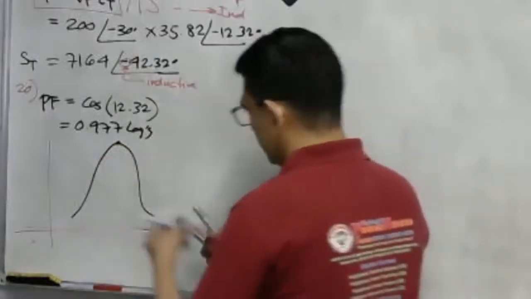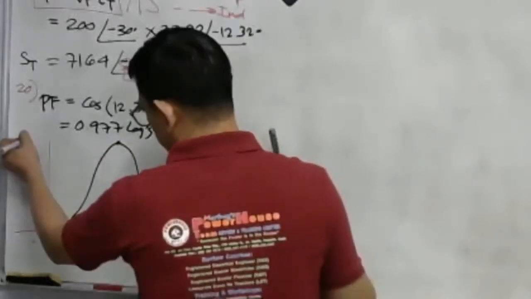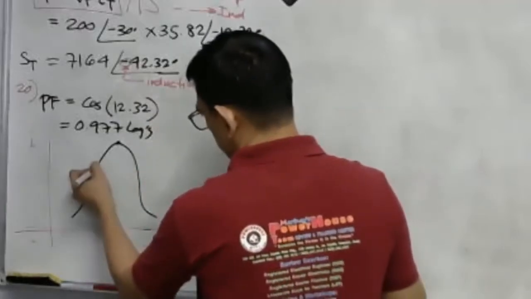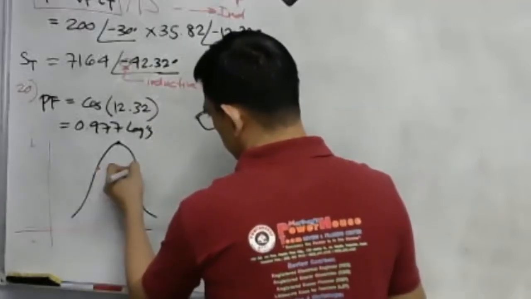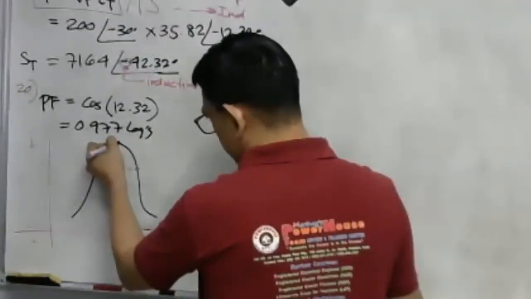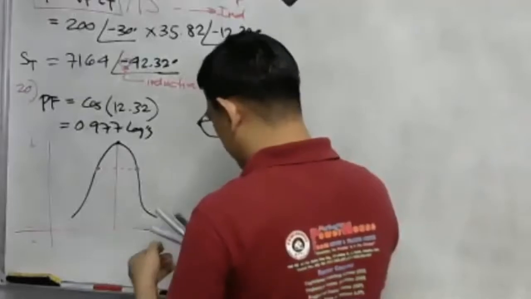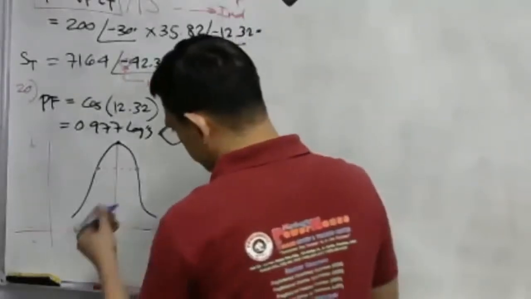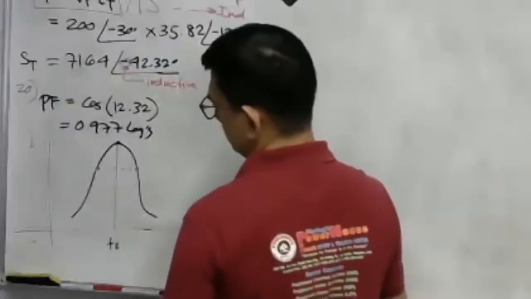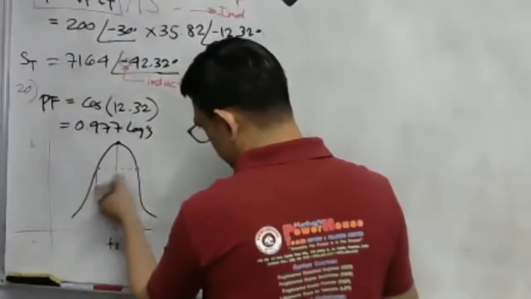This is the frequency, and let's say this is the current. This is the bandwidth. At this point, we reach the resonant frequency. This is the bandwidth.